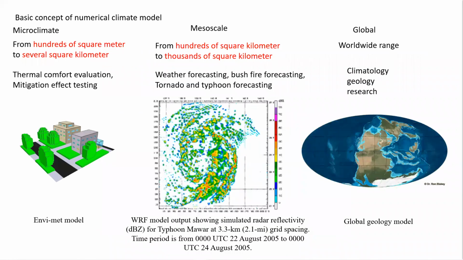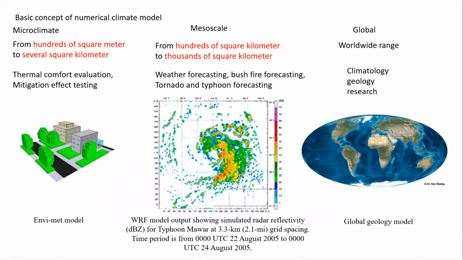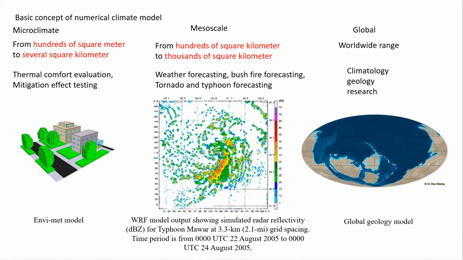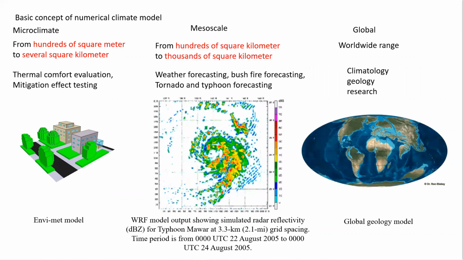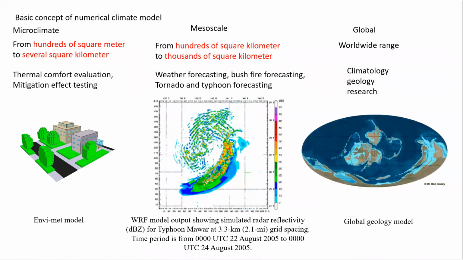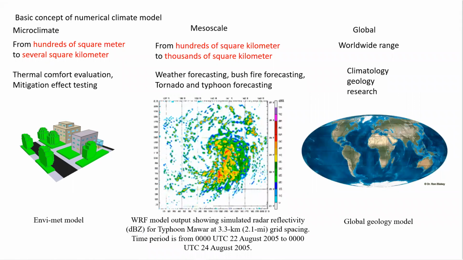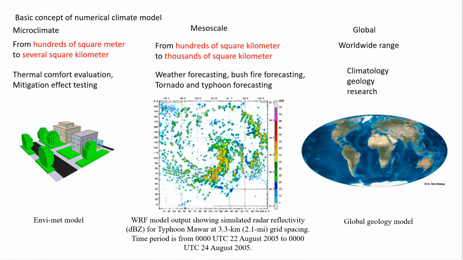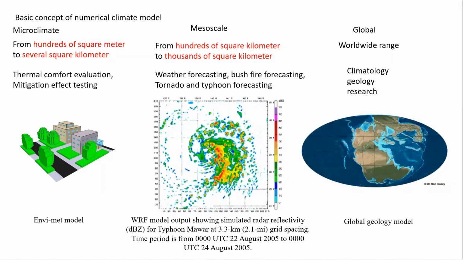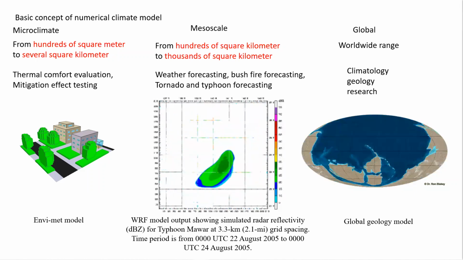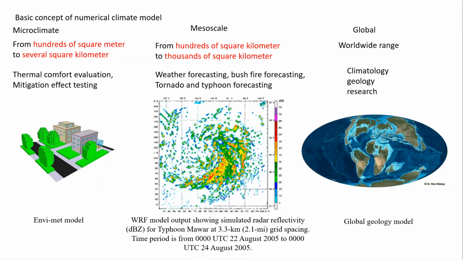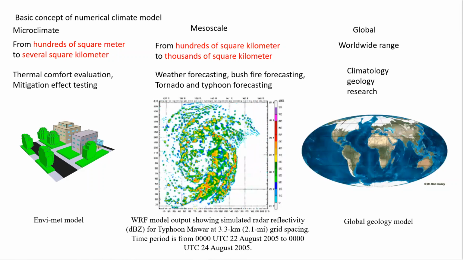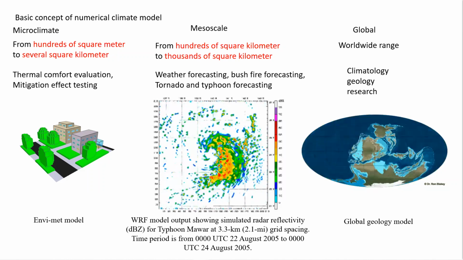And basically, there are three types of numeric models. There are microclimate models, and our Envi software is a microclimate model. The model size in Envi usually is from hundreds of square meters to several square kilometers. The next scale is mesoscale, which is what our weather forecasting uses.